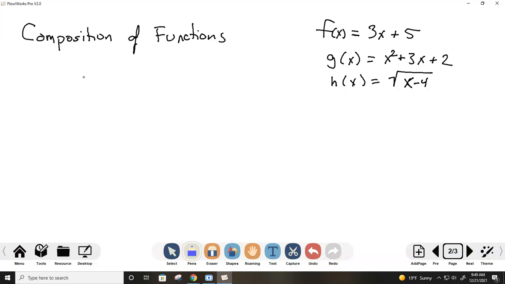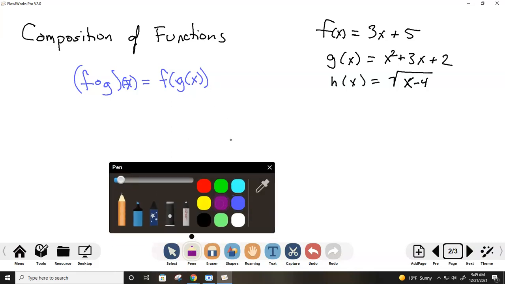So with these functions, I want to do this time my f composed with g of x. So I'm doing it for just x, not for a specific point, a specific input. So it's f of g of x. So again, I'm going to start off with g of x.